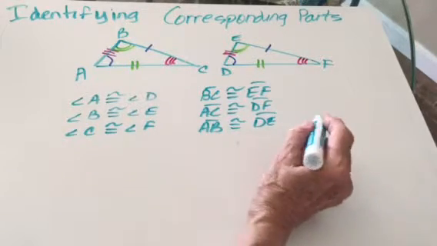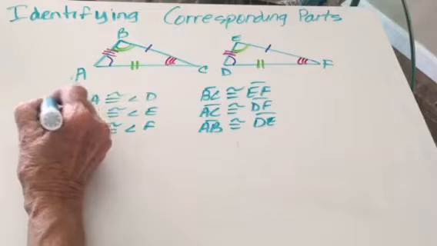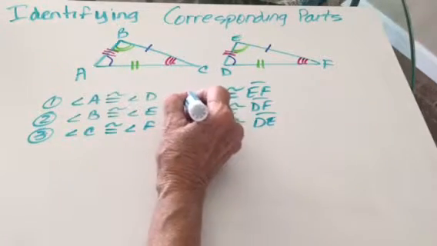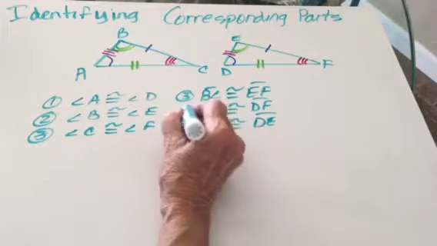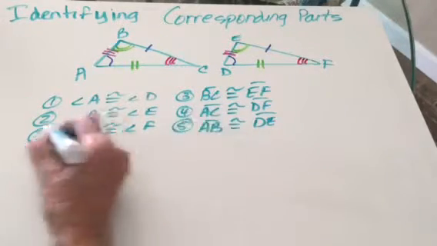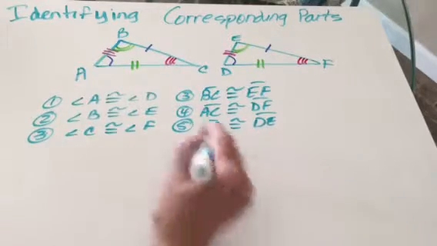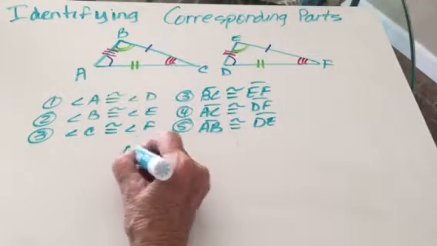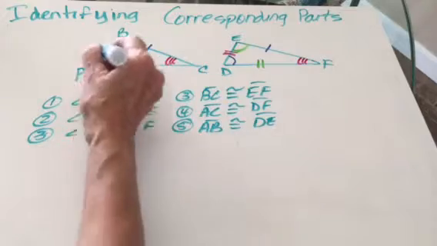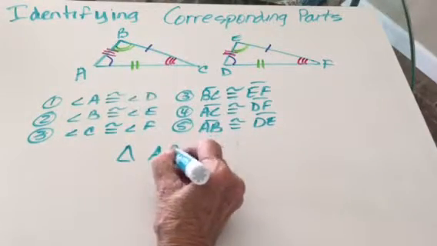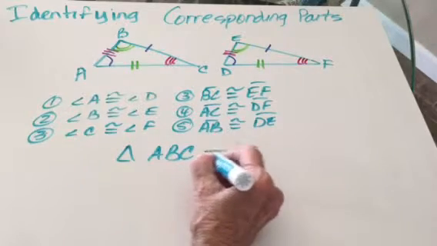All right, now I have 6 things written down, 3 angles and 3 sides. Because of this, this is called a congruent statement. And because of this, I can say this: triangle ABC, and I want to show you something.